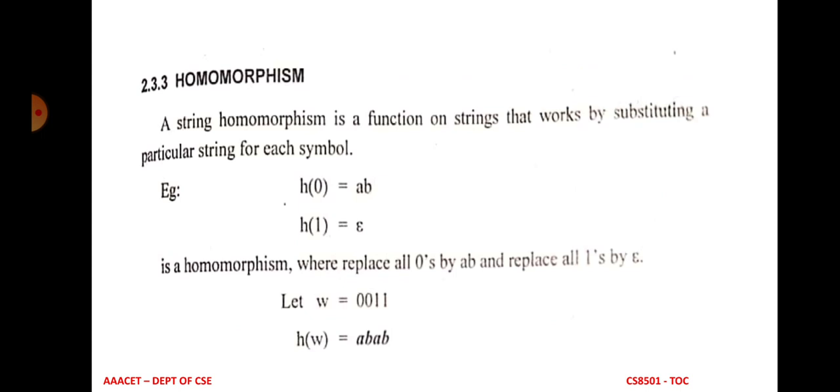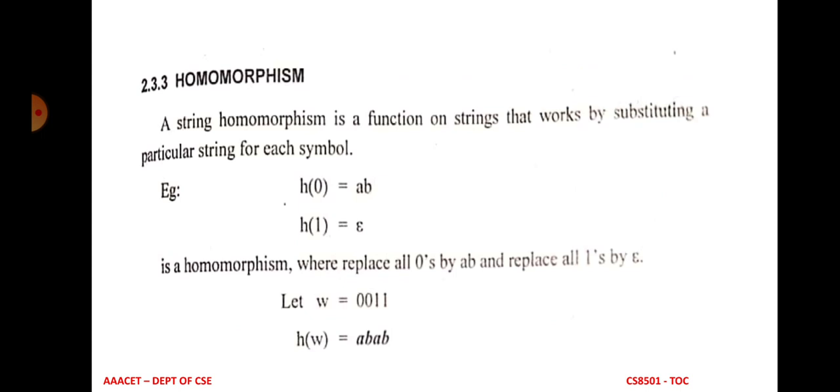So consider the example h of 0 is equal to AB, where h is the symbol denoting homomorphism, and 0 is a symbol. So for 0 we have to substitute AB. Here 0 is a single symbol but AB is a string. So homomorphism is a function in which we substitute a string for each and every individual symbol.